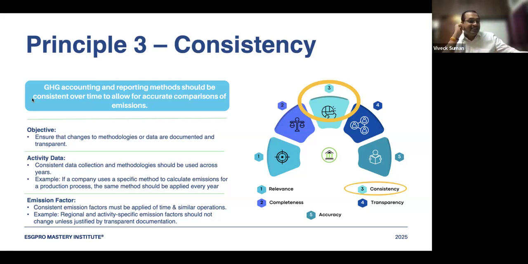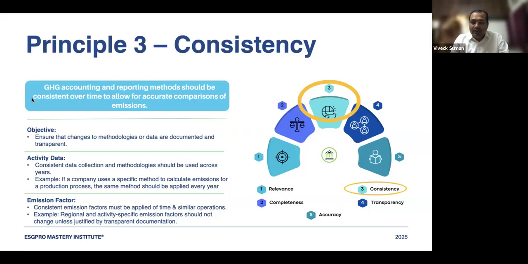But you as a GHG accountant need to explain to him that I am going to contravene the consistency principle of GHG accounting, which will require you to change your ESG report, not right now, but retrospectively. Might be you need to change your baseline. And that all demands stakeholder consent, which will be difficult for you. So the company might allow you, okay, follow what you are following.